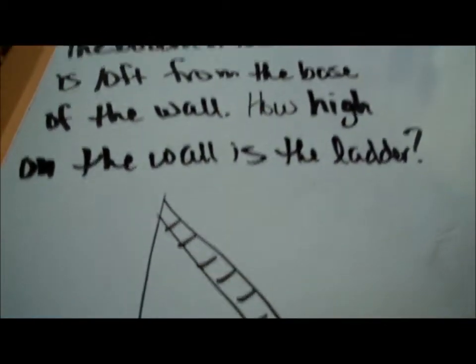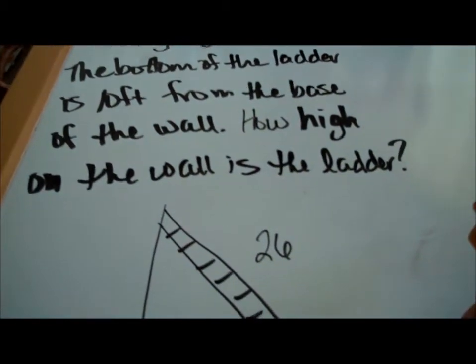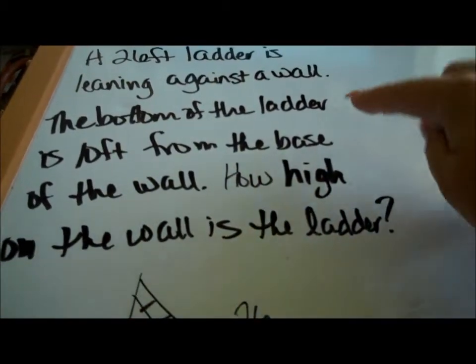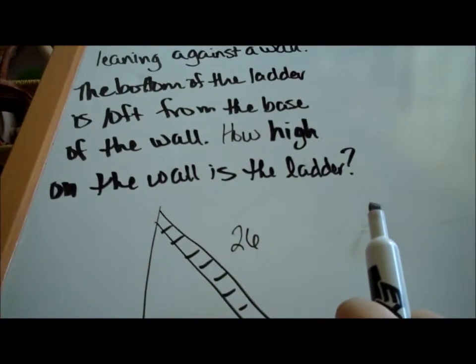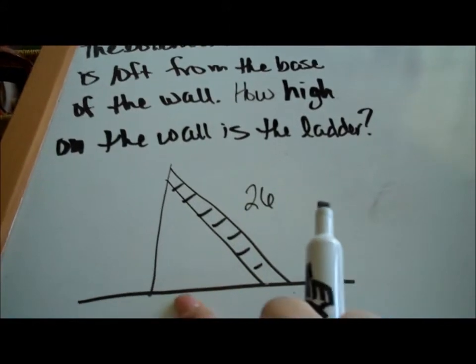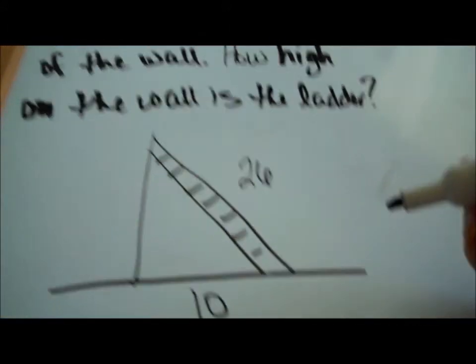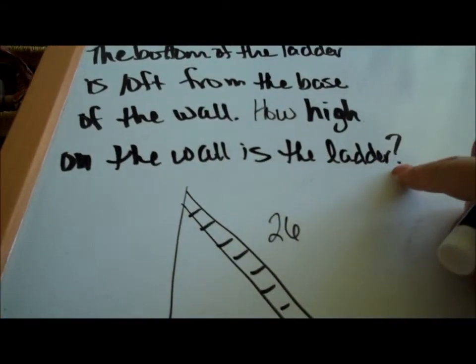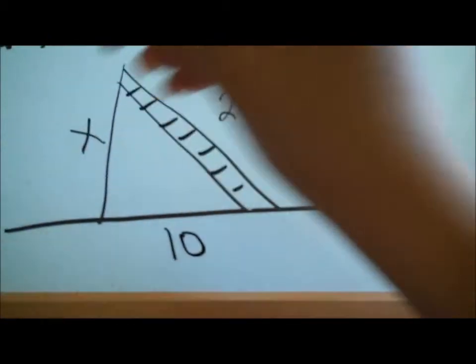It says the ladder is 26 feet. That's it right there. It says that the bottom of the ladder, which is this part right here, is 10 feet from the base of the wall. So that means that this distance right here is 10. And then it says how high on the wall is the ladder, which is this measurement right here. So that is our unknown.